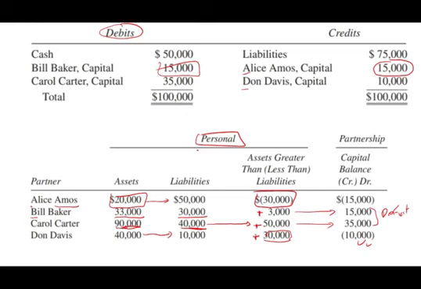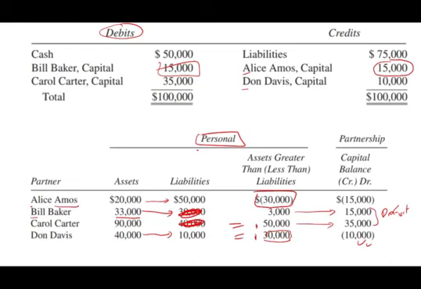And hopefully this makes sense, right? So Bill Baker, they do have personal assets, but of that 33,000, 30,000 goes to eliminate the debt. So what's left is 3,000. Same thing, out of 90,000, first we have to eliminate this debt, and what's left is 50. Of the 40,000, what's left is 30. So first we have to do so.